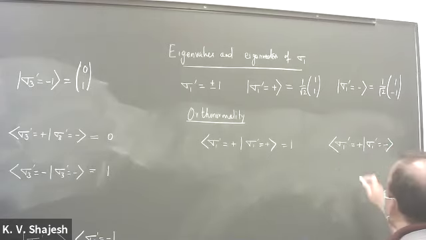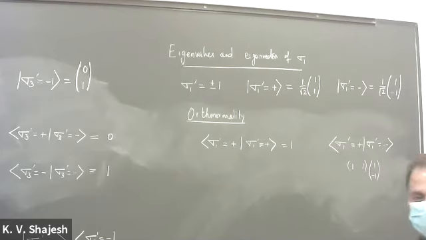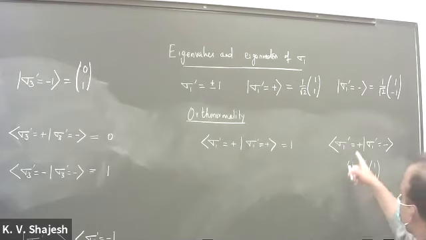Now it is 1, 1, and 1 minus 1 is 0. And remember, this should be complex conjugated.